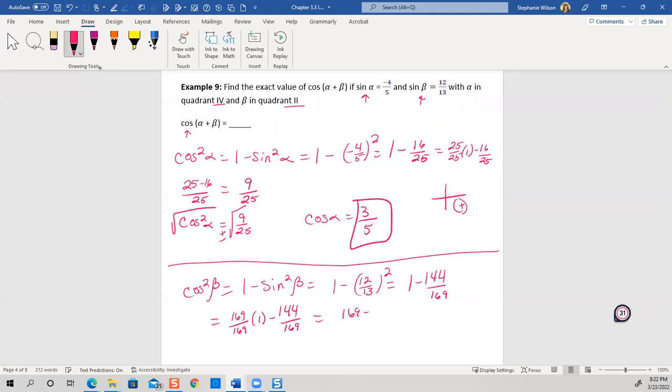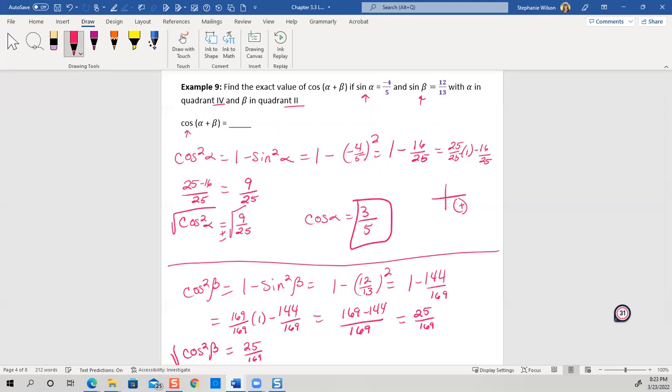So I got 169 minus 144, all divided by 169. And that gives me 25 over 169. Okay, so now I got the cosine squared of beta equals 25/169.